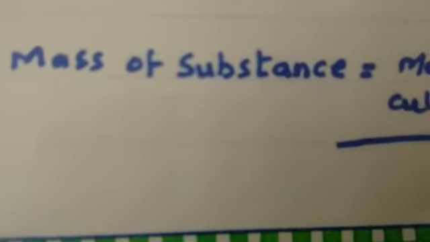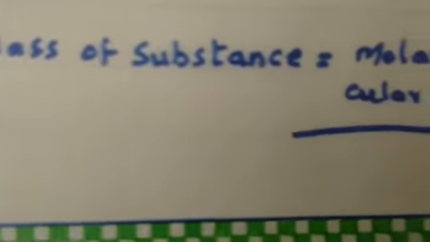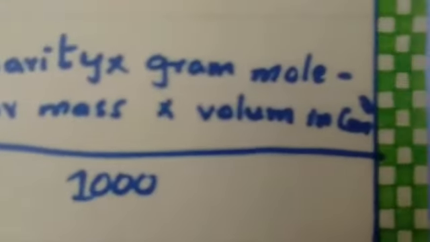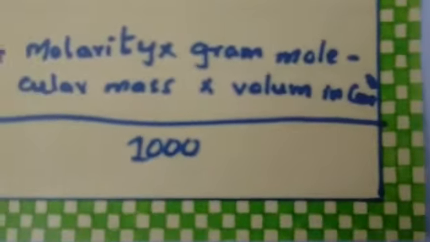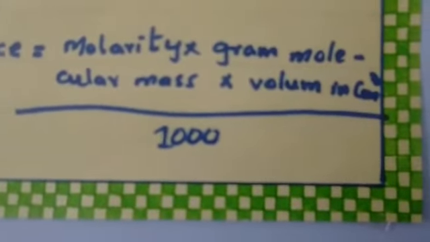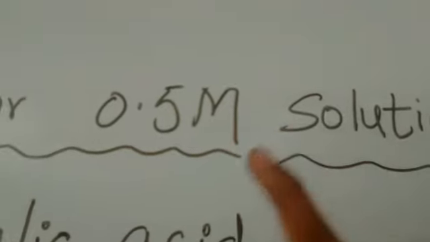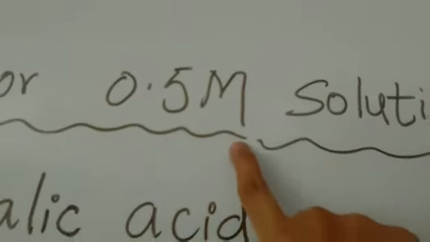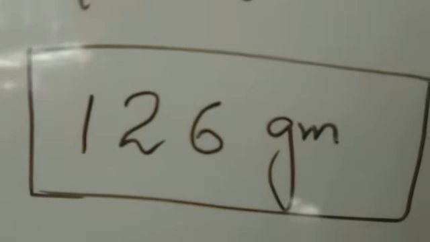with the help of formula. Mass of substance equals molarity multiplied by gram molecular mass multiplied by volume in centimeter cube divided by 1000. Now the value of molarity is 0.5 M and the value of gram molecular mass is 126 g per mole.